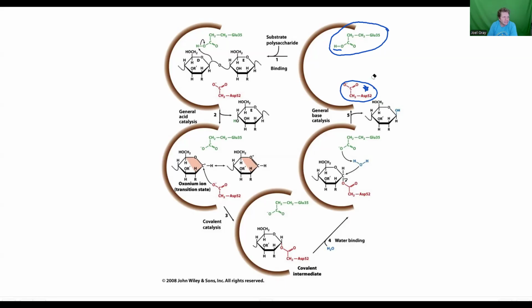Now, with that said, is that actually what happens? Because if something is capable of acting as a base, it's also a good nucleophile. So maybe, just maybe, and I know the answer is yes, aspartate 52 is going to be the residue that establishes my bond with the substrate.